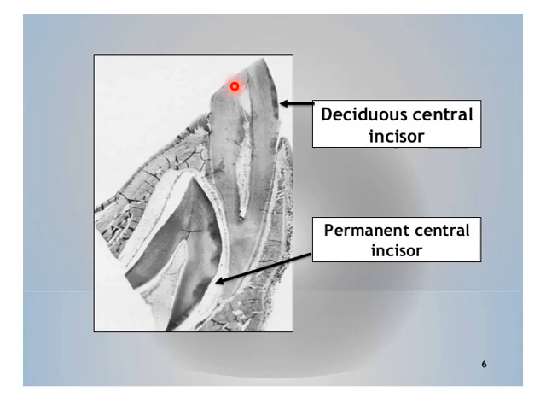As we see in this slide, this is the deciduous central incisor, an erupted tooth, and this is the permanent central incisor in the eruption phase. The root of this tooth is formed, and this tooth will induce pressure on the root of the deciduous central incisor.